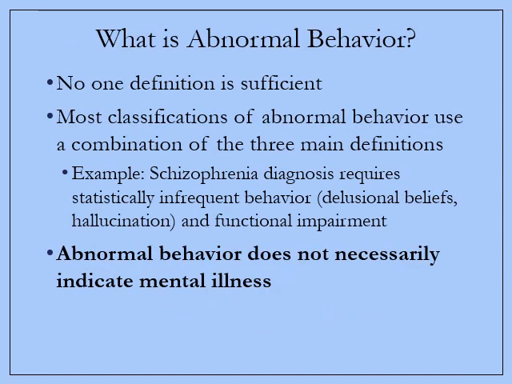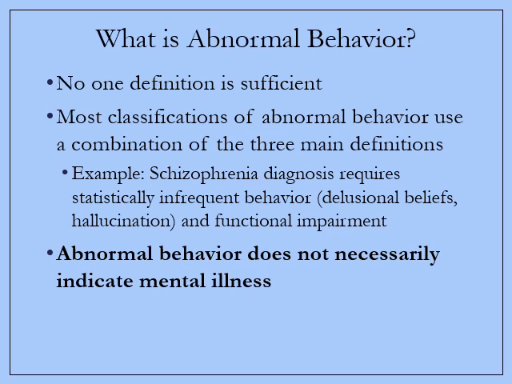So what is abnormal behavior? I think it's pretty clear from the advantages and disadvantages of these three definitions that no one definition is sufficient, and all of them have utility in some situations, but no single one of them can stand alone as a definition of abnormal behavior.